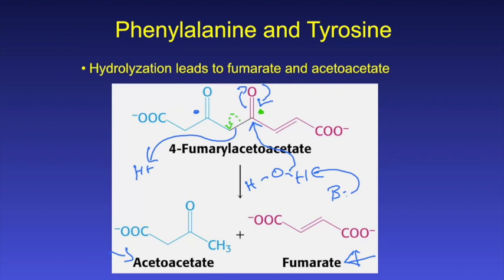And it gets degraded once it reaches the place where we use ketone bodies into acetyl-CoA, which then gets down into the citric acid cycle. No, this one is a ketone body. Fumarate is directly into the citric acid cycle.